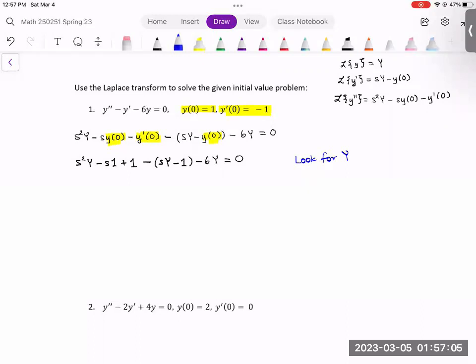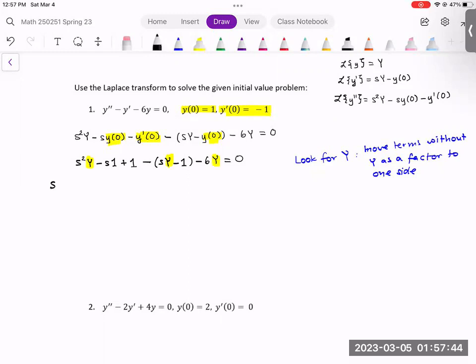In order to do this, we're going to move the terms without Y as a factor to one side, and everything that does have Y as a factor we'll keep on the other side. We're just going to do a little algebra because we see Y here and here and here. So let's check this out.